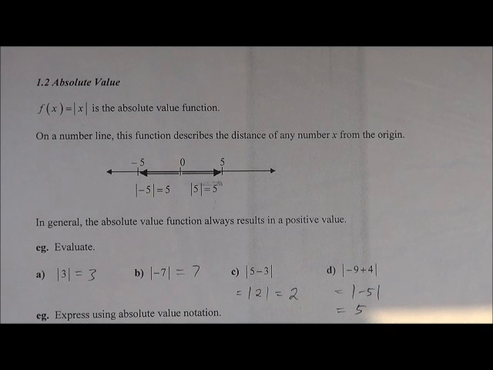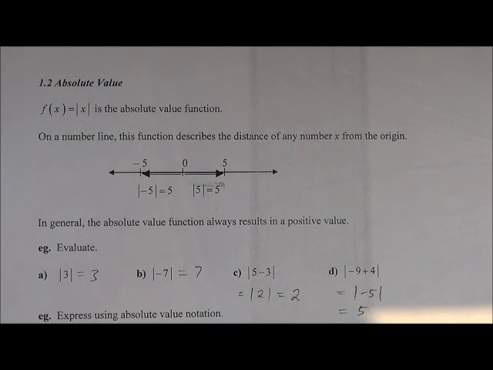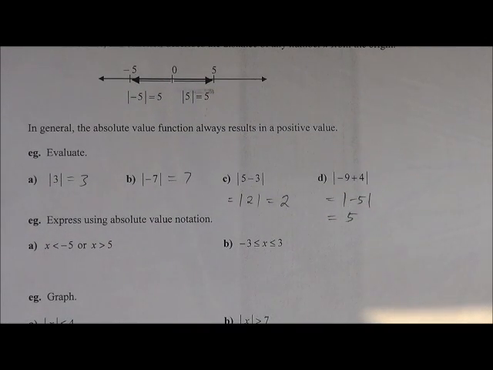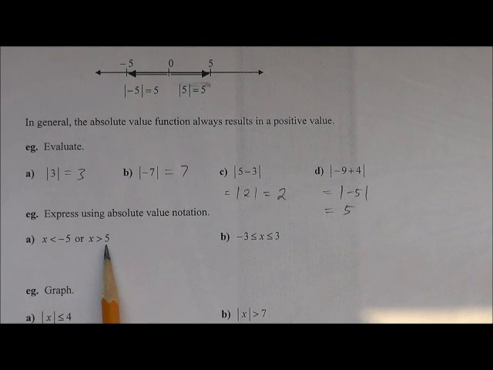When we come to express the function notation in absolute value notation, you have to again think, well, where do these lie on a number line like we see up here? Okay, so I'll just pan that up a little bit. So when we're looking at x is less than -5 or x is greater than 5, what are actually these values?